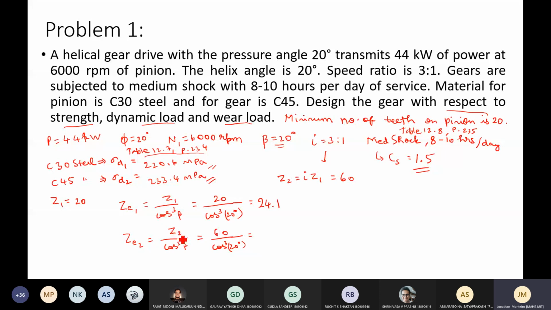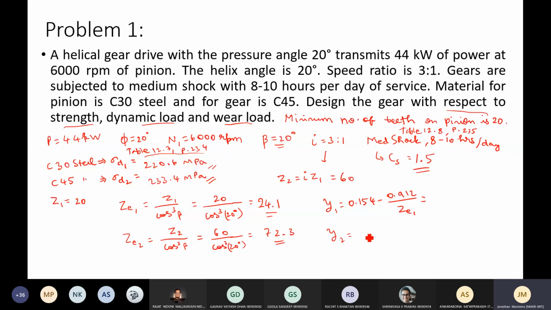Yes. So the involute angle is 20. So accordingly, your y1 equation will be 0.154 minus 0.912 by ZE1. What is the difference you can see? Instead of Z1 or simply Z, we have put ZE. This is the major difference here. Calculate with the virtual number of teeth that has been calculated.